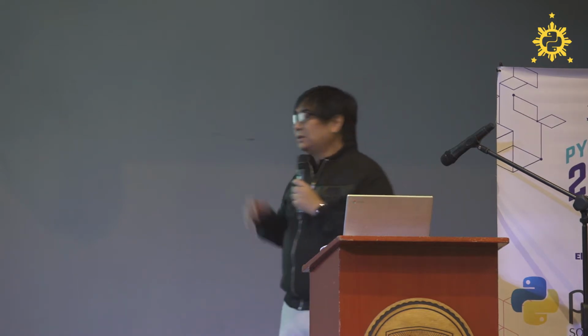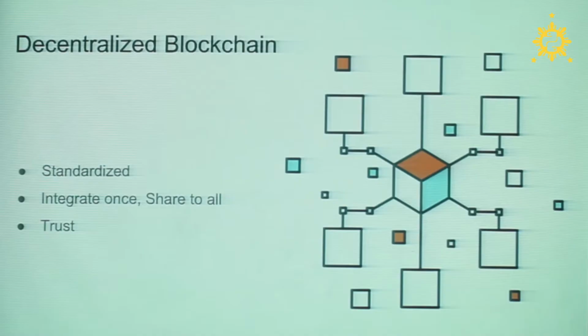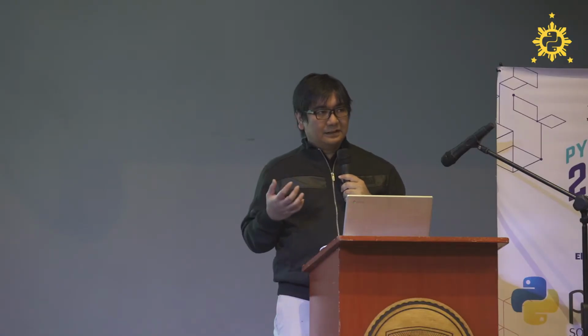One cool thing about the current trend is decentralized blockchain, decentralizing data through blockchains. We can share data with each other and connect to it in a standardized way, so that the hospitals can access data that you want to share.